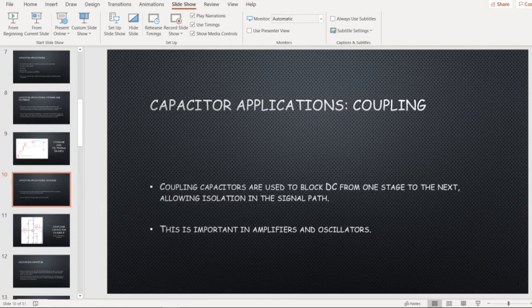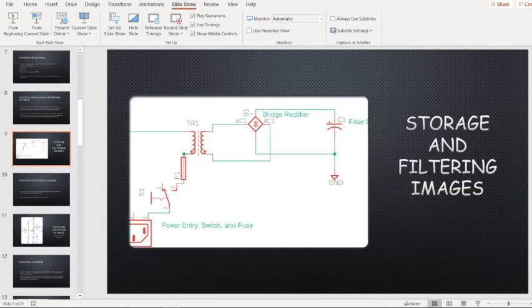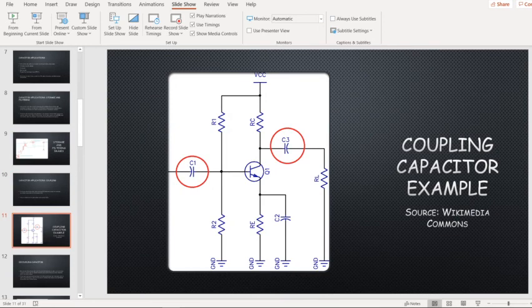Generally speaking, you'll see ceramic capacitors or film capacitors in these applications, because the capacitance values don't have to be very high. They just have to be enough to block DC, and they have to have low leakage current, like I said earlier. Now, I'm going to be moving on because I have a circuit to show you about coupling capacitors.